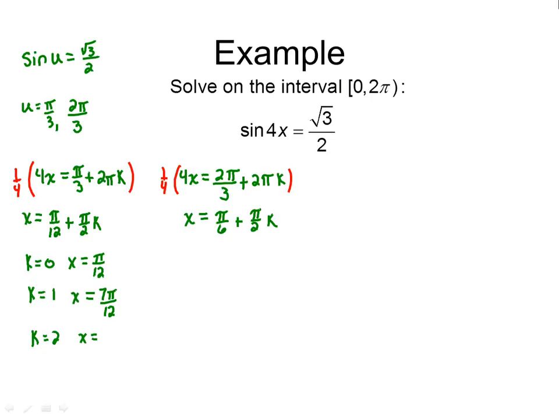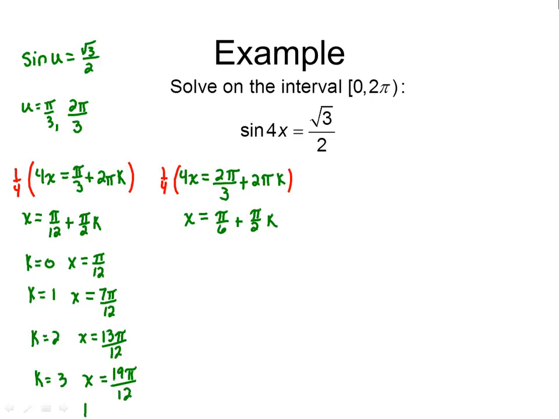Anybody? Yep, 13 pi over 12. Very good. Need to keep going. What if k is equal to 3? Good. 19 pi over 12.